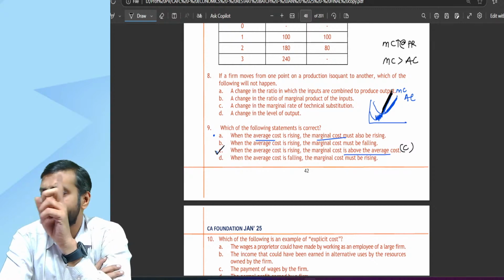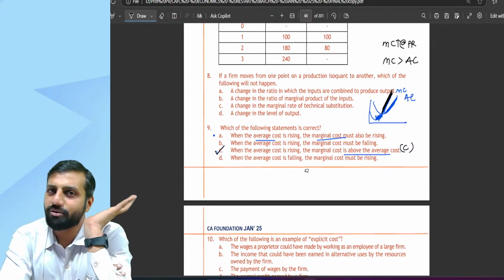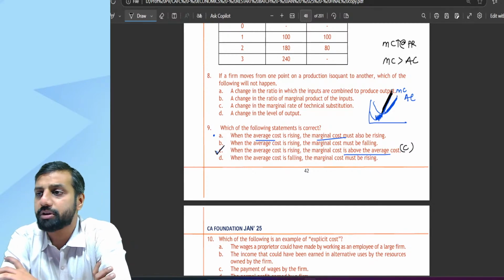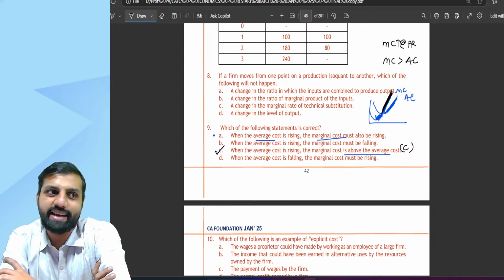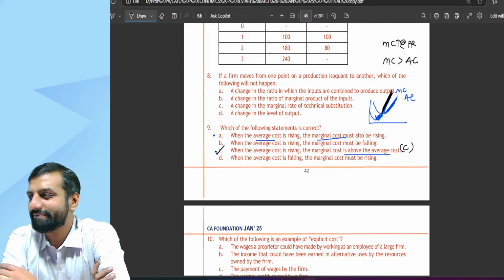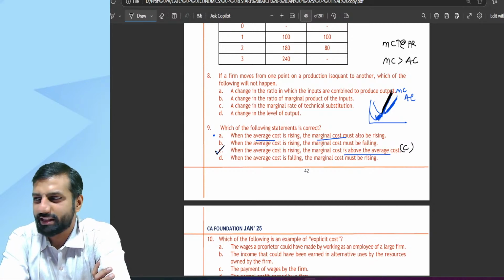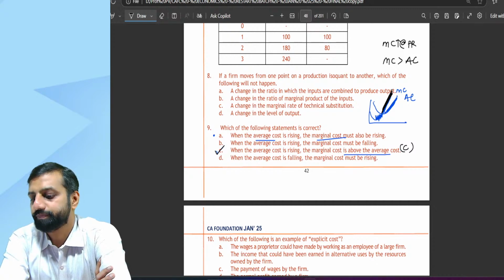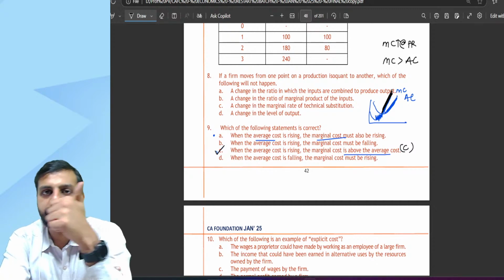Okay, no, I don't like okay. Clear or not clear. If you have still not understood, you can ask me. If not understood, let me know. Clear.